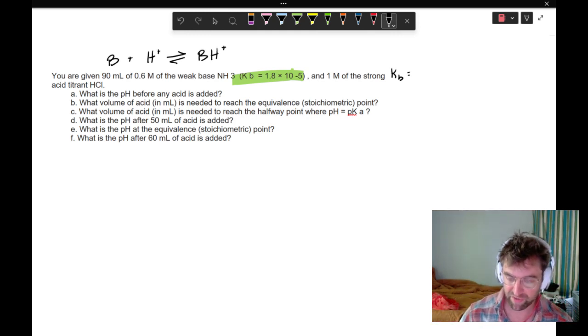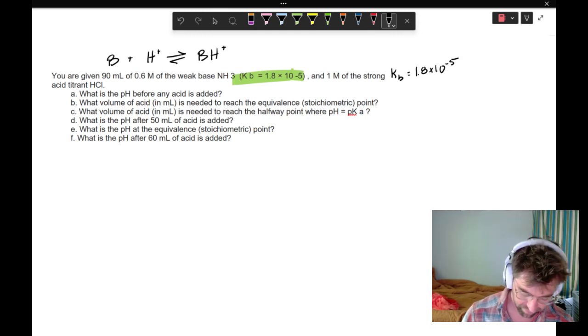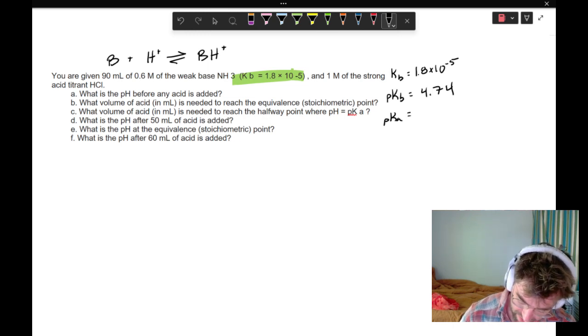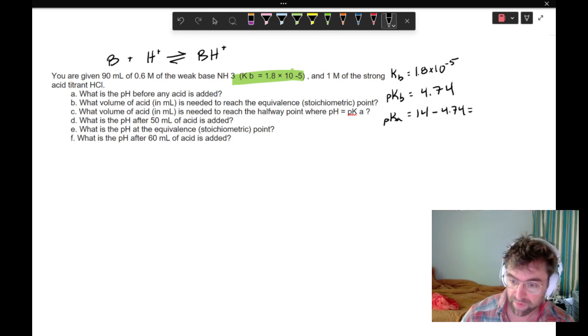We're given a Kb value, thanks, 1.8 times 10 to the negative fifth. So our pKb then is simply a negative log of that, so we've got 4.74. pKa is 14 minus the pKb, equals 9.26.